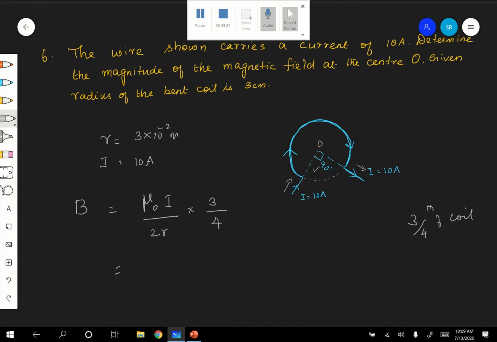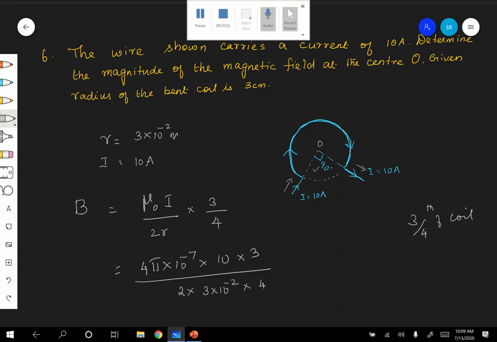Therefore you will be getting mu naught, 4 pi into 10 power minus 7, into I which is 10, into 3 divided by 2 into R, which is 3 into 10 power minus 2, into 4. Are you following, children?